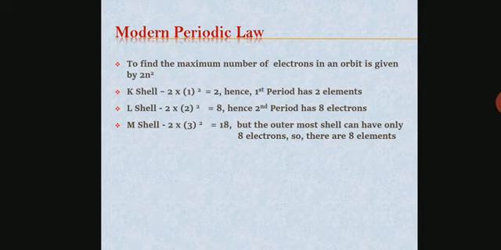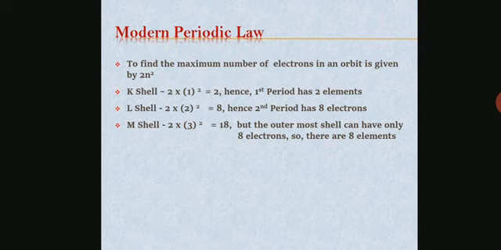If an atom of an element has only one orbit, that means that element belongs to the first period. Or if the atom has 2 orbits, then that element belongs to the second period. Or if an atom contains 3 orbits, then it belongs to the third period in the modern periodic table.